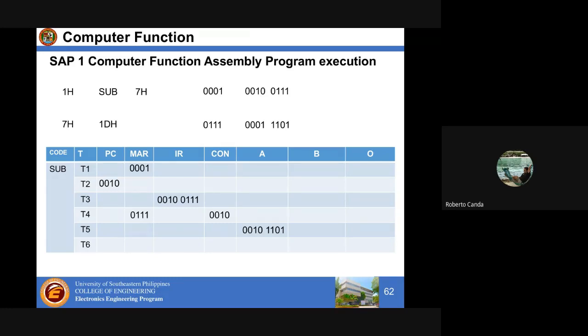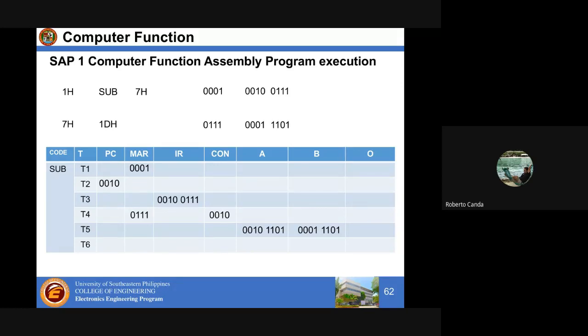So your SAP1 cannot directly subtract the data from your RAM unless we put it first into the B register. So before we can subtract the data inside the address 7, first we have to load that data to your B register. So at T5, you now have your data which is equivalent to 1DH.